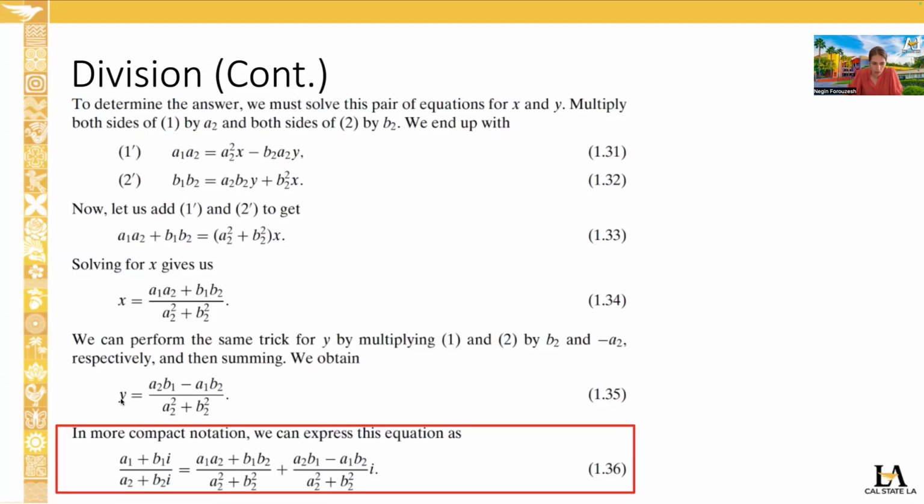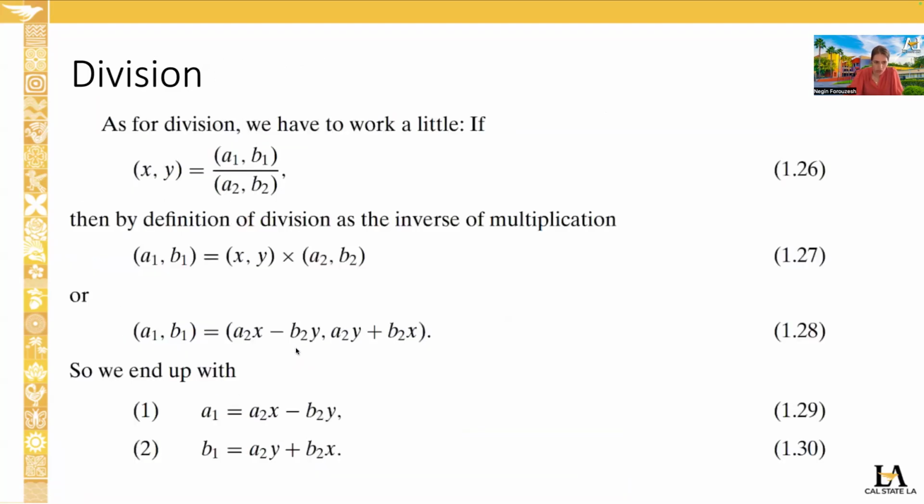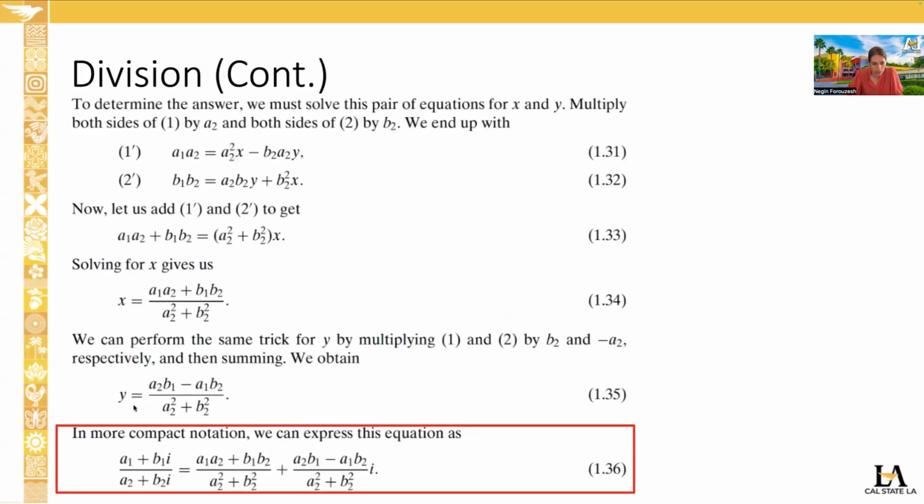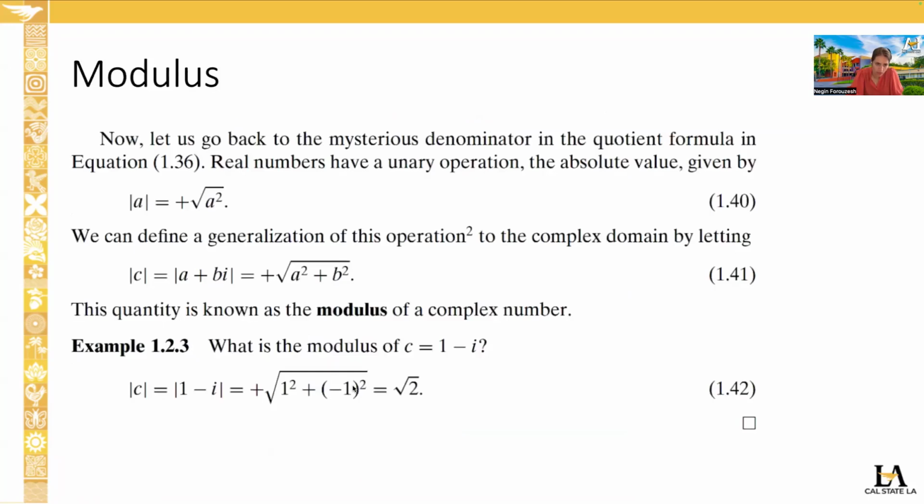And you can find the value of Y. And once you have X and Y, just returning to the first definition, you have the division of those two numbers, right? So it's going to be this, which is your real part, and then this one, which is your imaginary part. So this is how you can divide two complex numbers.